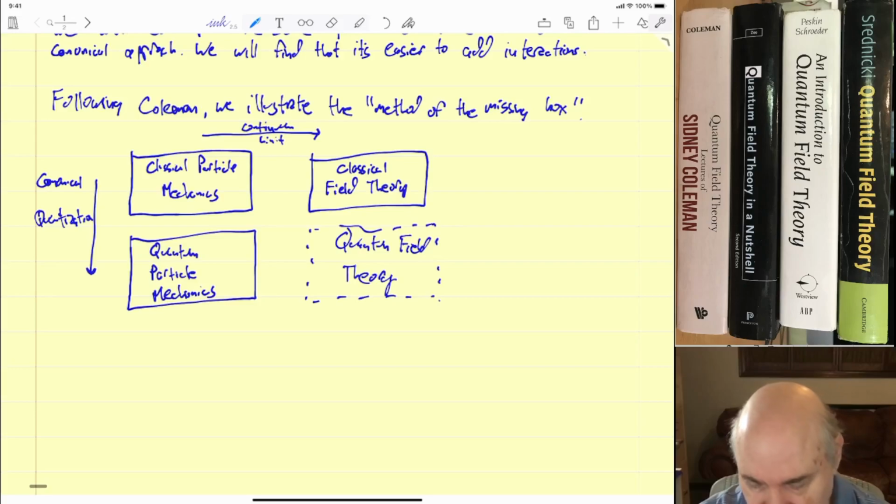So we could first go from classical particle mechanics to a continuous classical field theory, and then apply canonical quantization, or we could go from classical particles to our beloved quantum mechanics, and then go to the continuum limit.